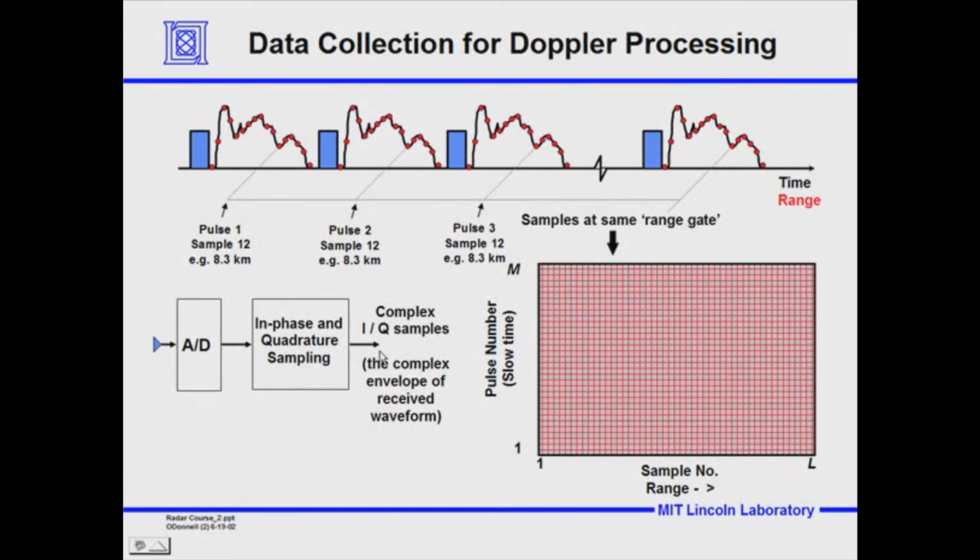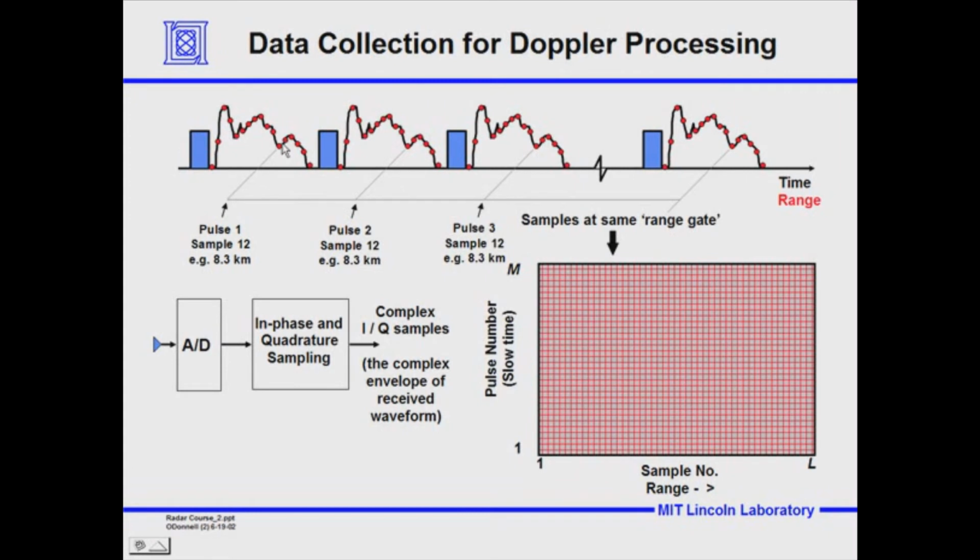You've seen in the previous part of the lecture this diagram, the data collection diagram for Doppler processing. It shows you how data is collected when a number of pulses, marked here in blue, are transmitted, and here we see the little dots of the samples of the echoes that are received.